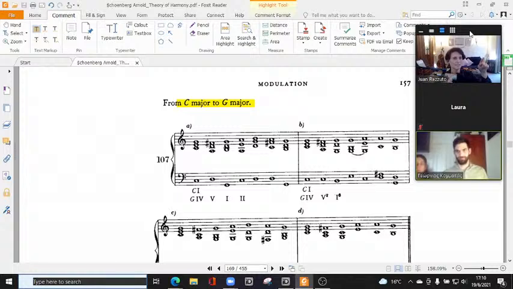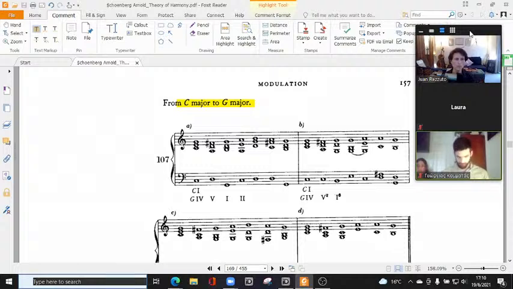Because usually we say, okay, we modulate from C major to G major. Good, fine. C major to A minor, C major to F major. Okay, good, fine. But C major to E minor, C major to D minor. We cannot ignore A minor to G major. So we have to see all the possibilities.